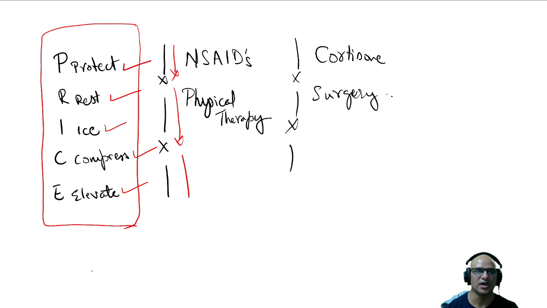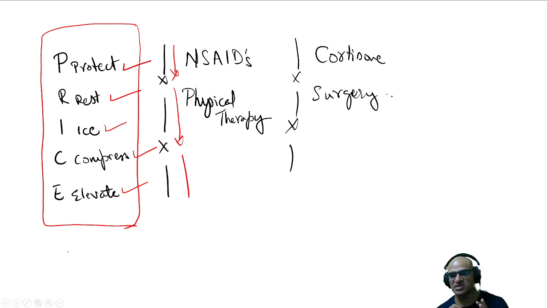So if your client comes and tells you they are injured and they have a sharp shooting pain at a particular place, you're going to use this PRICE protocol. You'll wait for a couple of days, see if the pain is coming down, and if it is coming down, then you will continue doing the active rest and recovery part, and slowly start increasing the resistance and the volume over a period of time, and make sure that they come back to whatever they were doing.